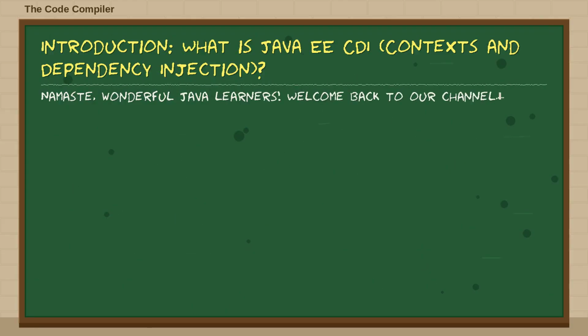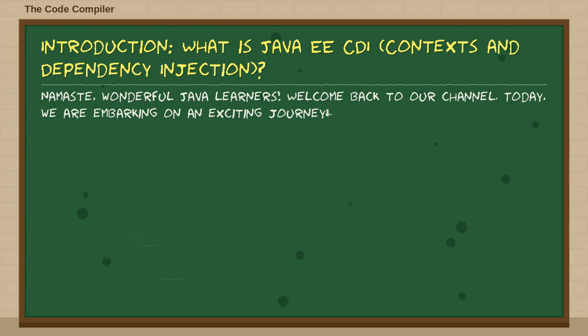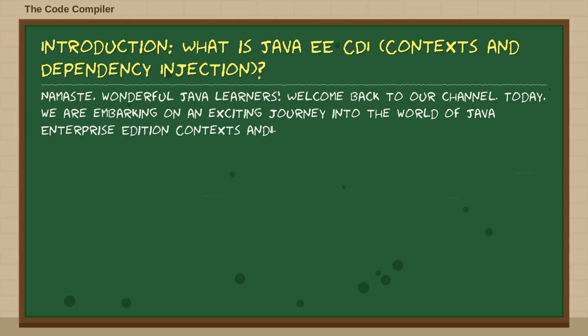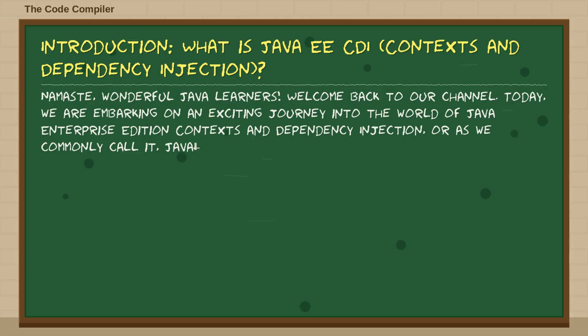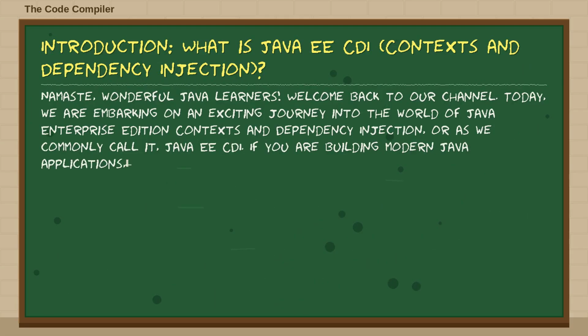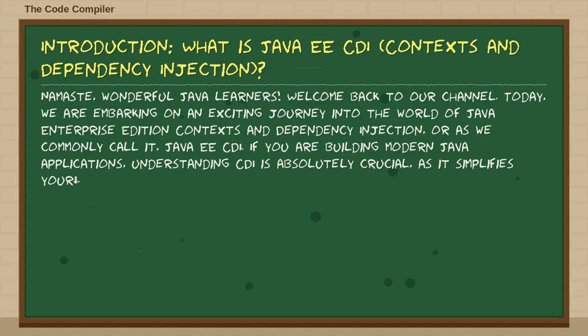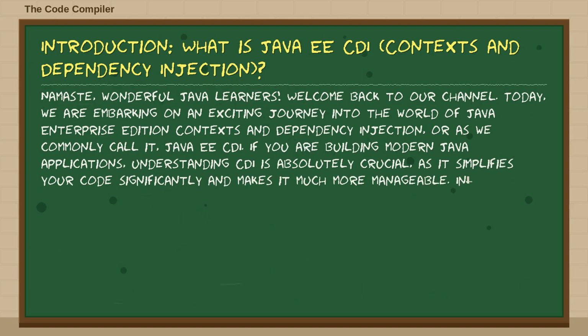Today, we are embarking on an exciting journey into the world of Java Enterprise Edition contexts and dependency injection, or as we commonly call it, Java EE CDI. If you are building modern Java applications, understanding CDI is absolutely crucial, as it simplifies your code significantly and makes it much more manageable.